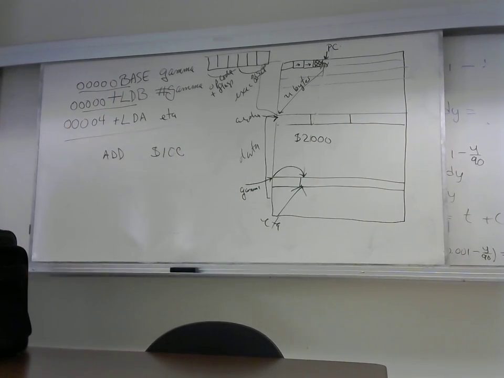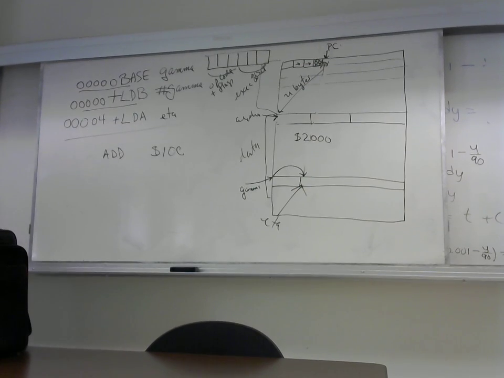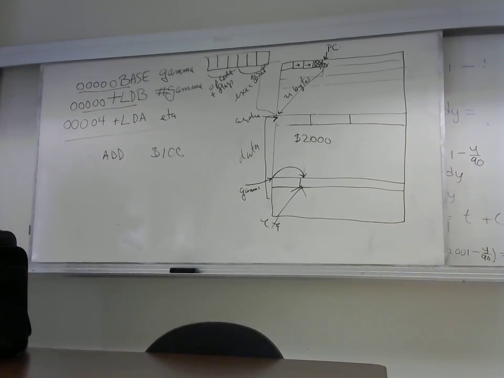So maybe you have 10C instead of 100. So we don't do this anymore. That's what assembly language is for. You give labels to things, and labels change if the code changes. The assembler in Task 1 figures out where everything is and assigns them addresses.